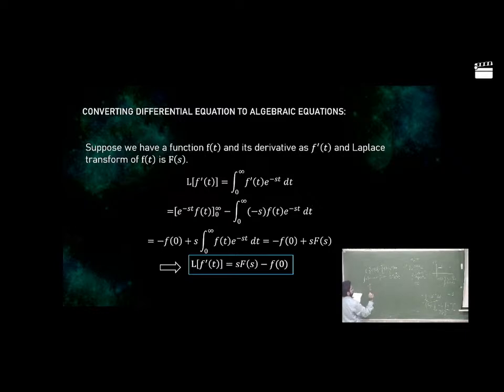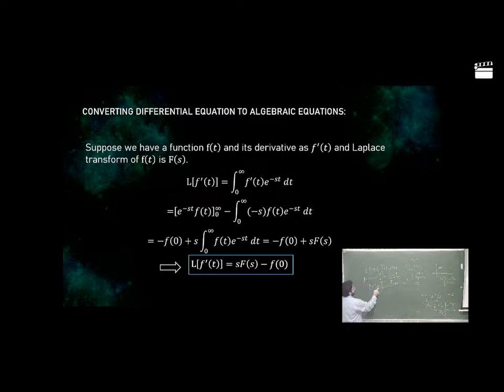Yes, you will get e to the power minus st into f(t), from infinity to 0, minus the integral from 0 to infinity of f(t) into minus s into e to the power minus st. Okay.